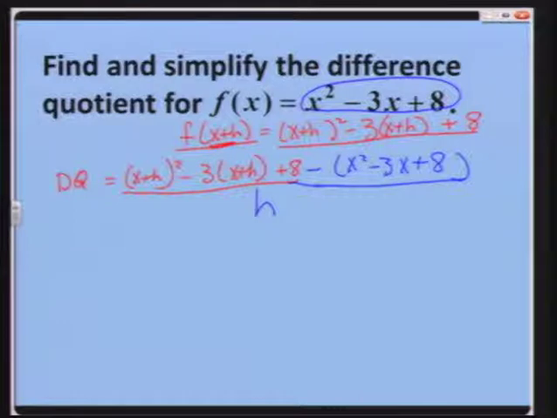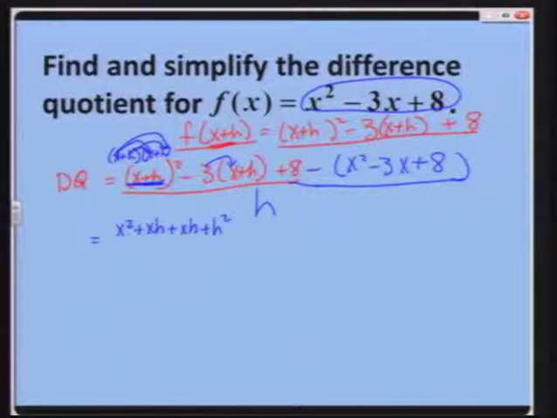Now remember that when we get ready to square x plus h, this is not a product to a power. So I can't use the product to a power rule, which says square the first, square the second, because these aren't factors. So I need to think of this as x plus h times x plus h. And I'll get x squared plus xh plus xh plus h squared when I use FOIL.